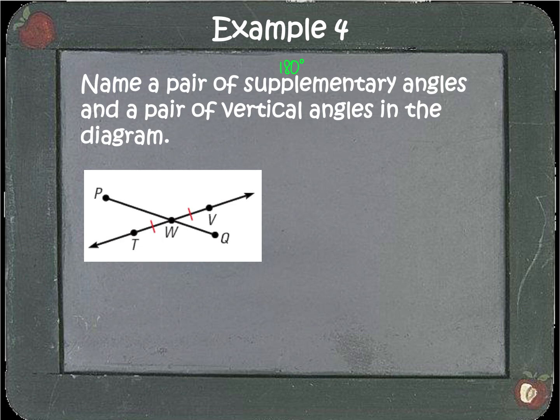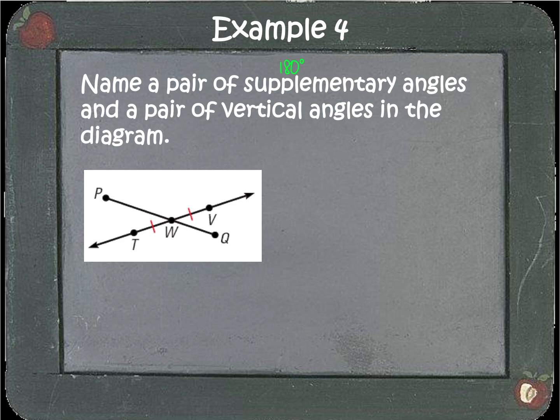So who could give me, like, how can you guys tell if it's a vertical angle? Katya? Not necessarily the congruency symbol. Bryce? Okay, they intersect creating equal angles. Yes, vertical angles are going to be congruent angles.